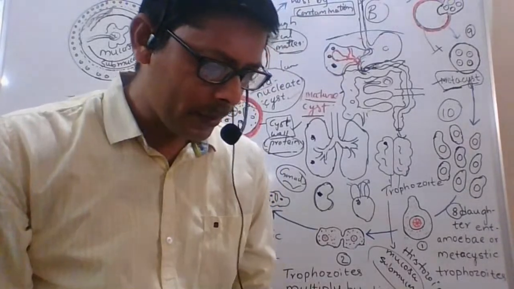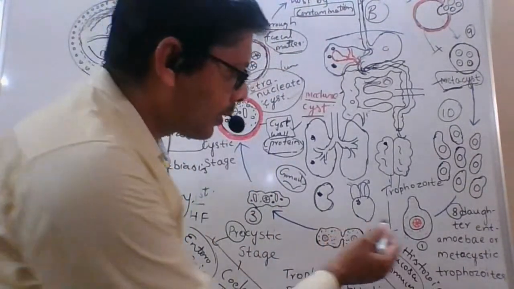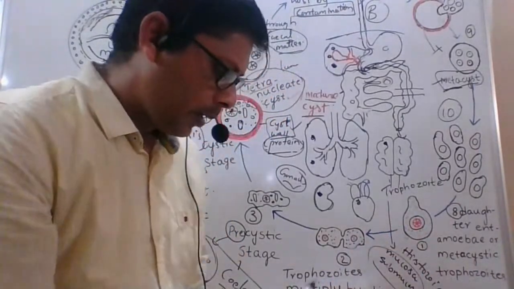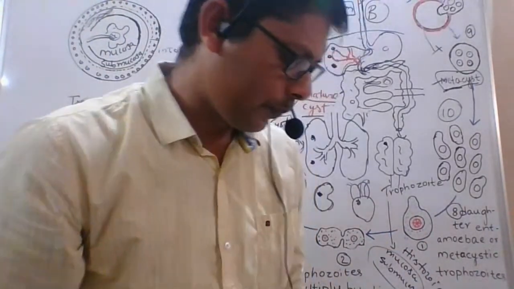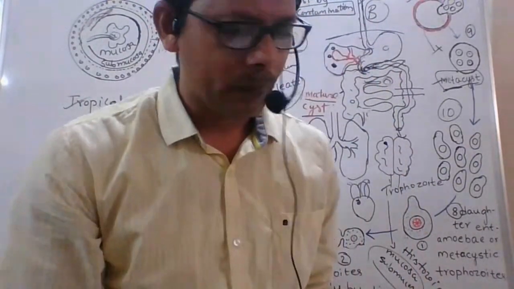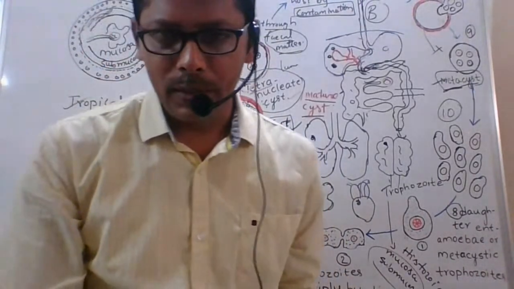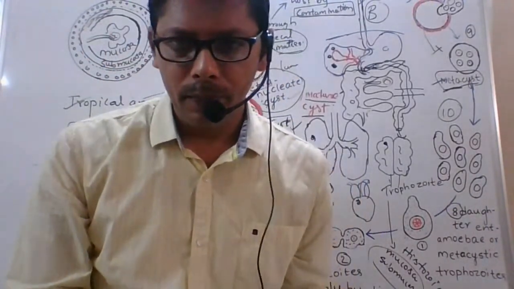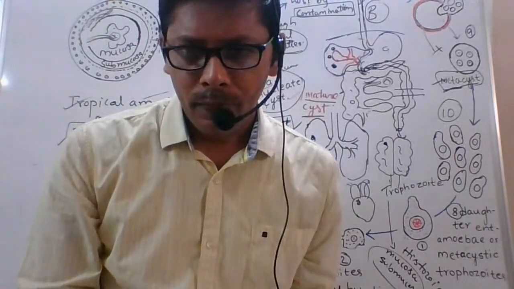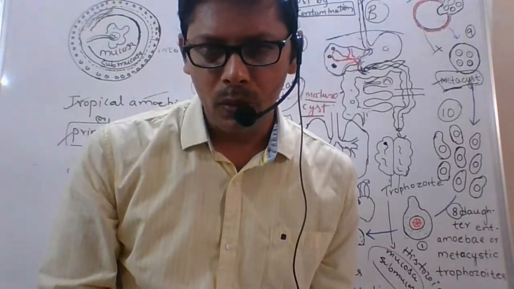The chromatin appears like a cartwheel in the nucleus of. You know the answer to that one? Easy one. Okay, right, Entamoeba histolytica.